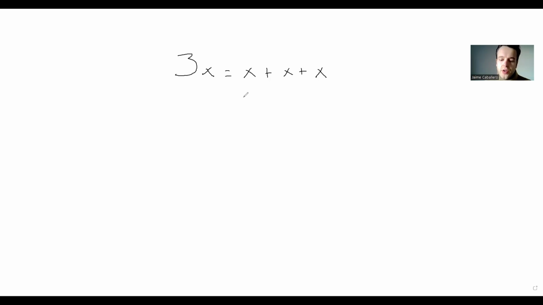In other words, we're just following the times table. If we think of x as any number, for example 2, I would write this as 2 plus 2 plus 2.